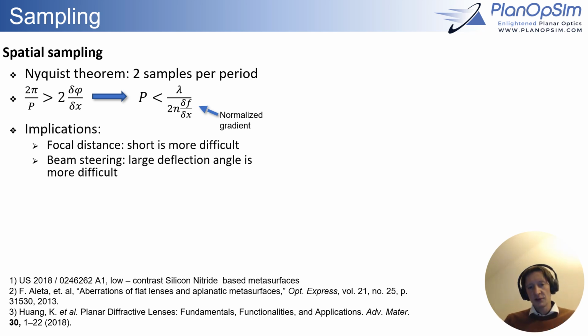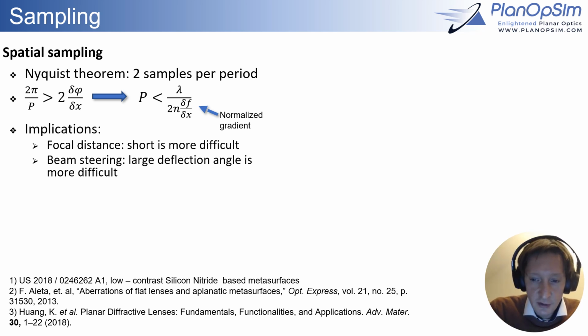And then we use these structures to sample the phase in a meta-surface. There are two aspects that we need to cover during our design phase. The first one is the spatial sampling part. As we reproduce a lens, we don't do so by continuous phases, but by discrete phases. So that means we actually have to sample the lens finely enough. Well, how fine?